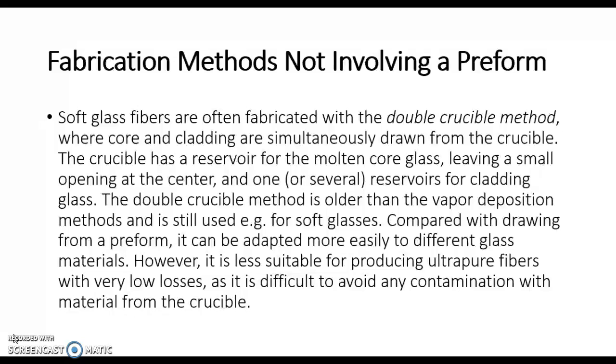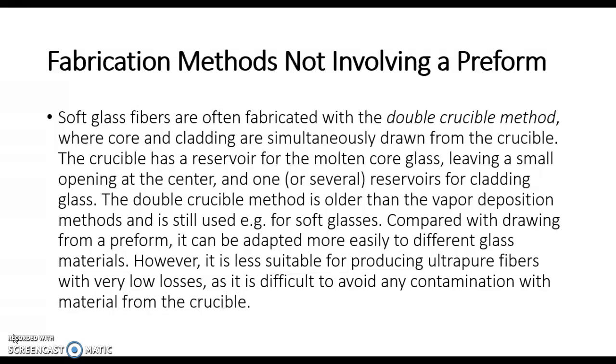Then coming to fabrication methods not involving a preform. Soft glass fibers are often fabricated with the double crucible method, where core and cladding are simultaneously drawn from the crucible. The crucible has a reservoir for the molten core glass, leaving a small opening at the center, and one reservoir for cladding glass.